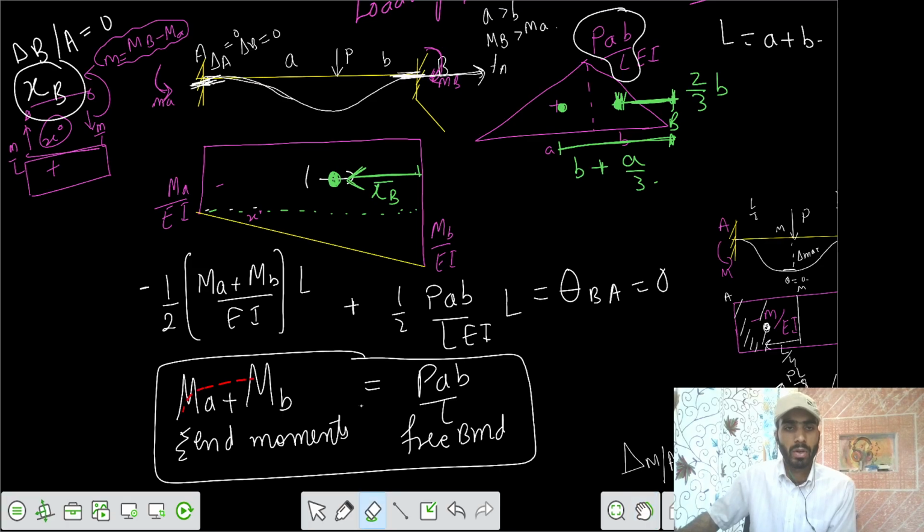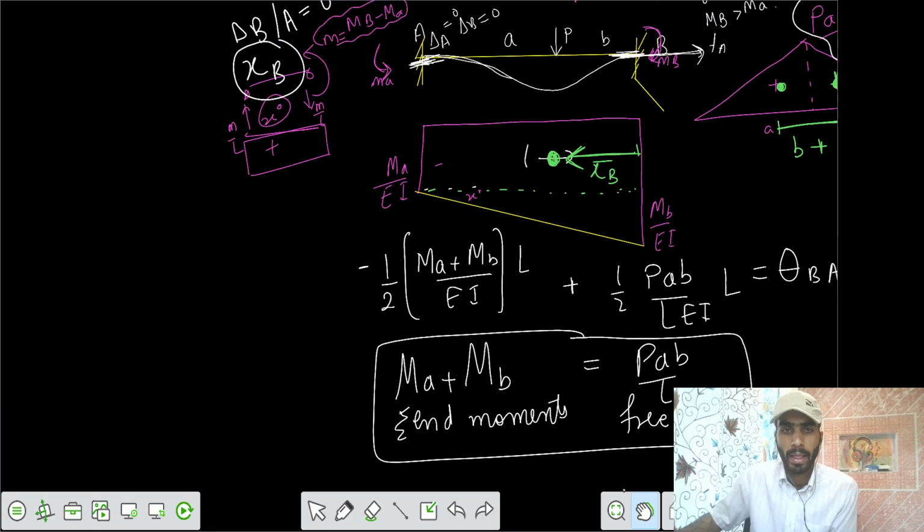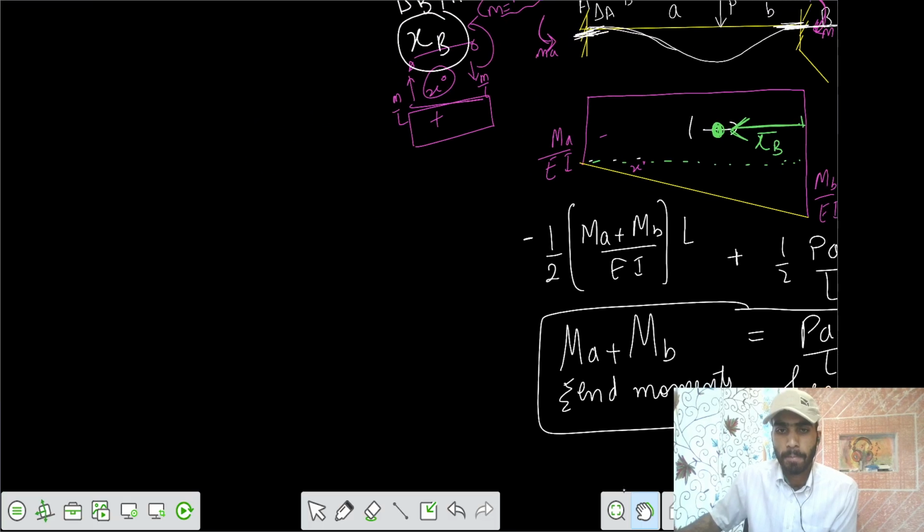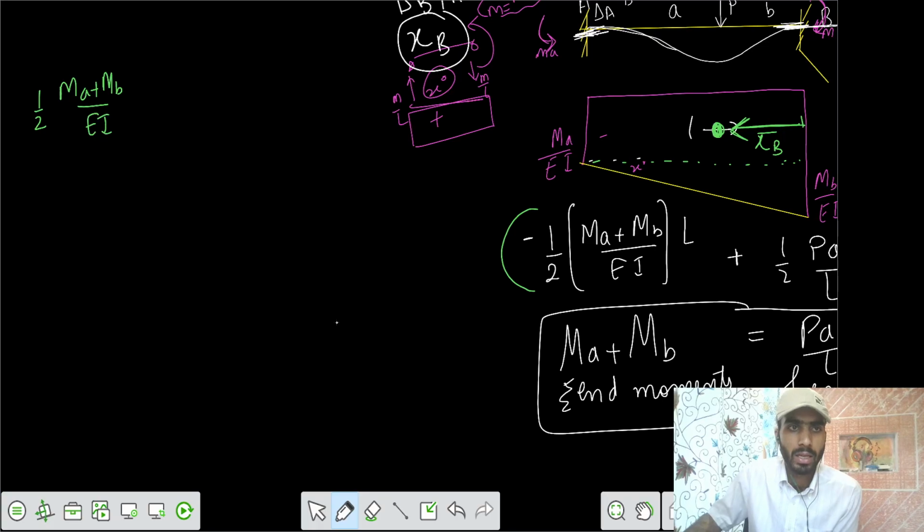Let's say we got one equation, and the next equation we have to make. Let's write the equation in terms of the area between the two points, that's 1 by 2 into MA plus MB by EI into L. This is the area.